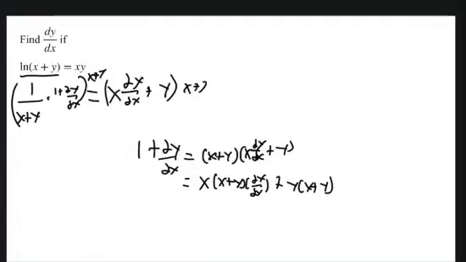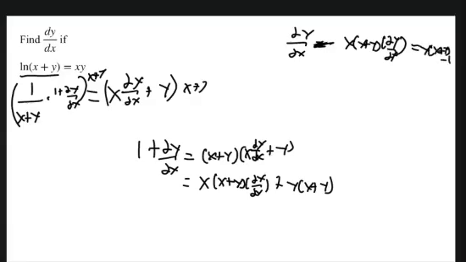Now let's move the derivative terms together. So we're going to get dy dx minus x times x plus y dy dx equals y times x plus y minus 1. And then we're just going to be left with y times x plus y minus 1 all over 1 minus x times x plus y.